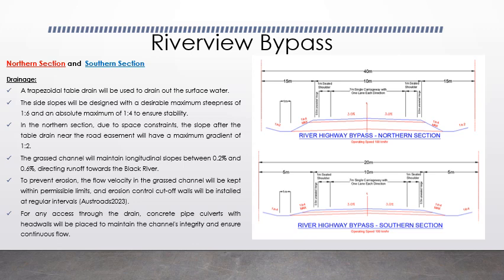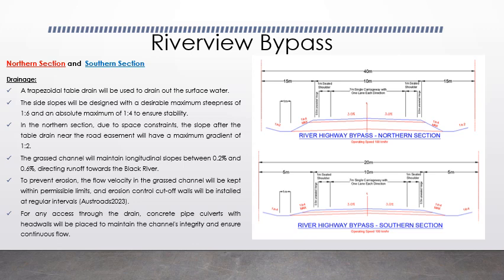But there's an exception in the northern section: for the table drain slope near the road easement, we'll have a maximum 1 in 2 slope because of the space constraint. And the longitudinal slope of this table drain will be between 0.2% to 0.6% to ensure the continuous flow of the water towards the Black River.